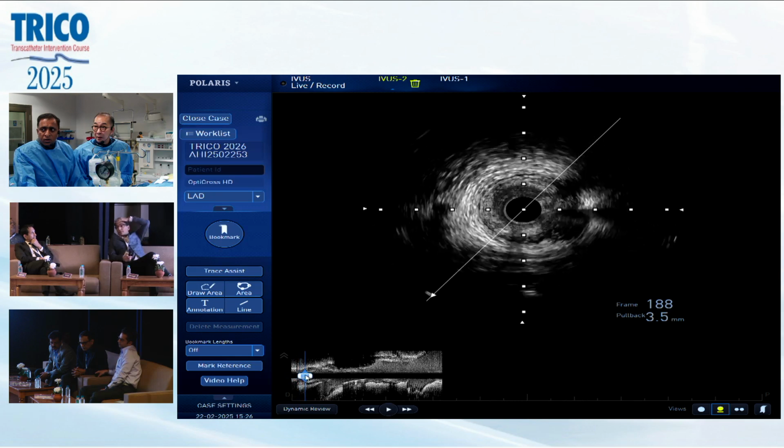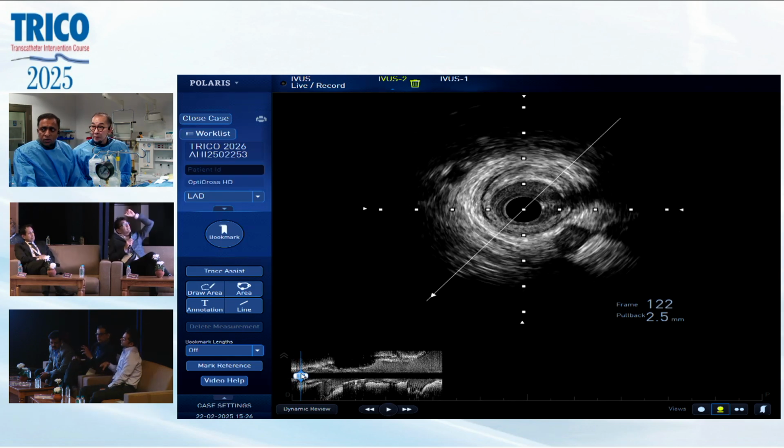This might be the landing zone. Yeah, still some plaque there, but we can do it here. It's okay, it's less than 50 percent here. 23 or 28?